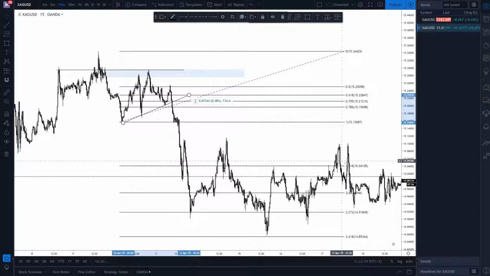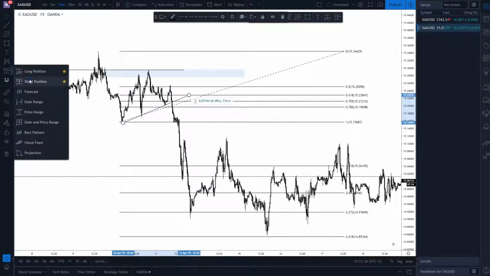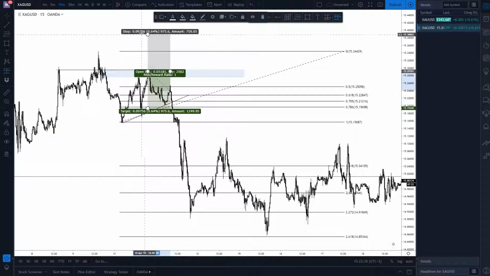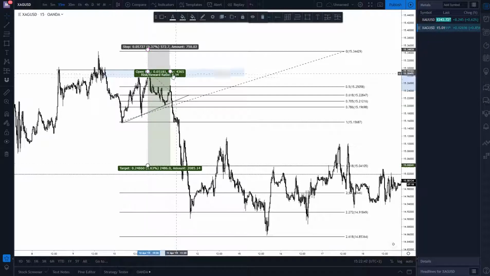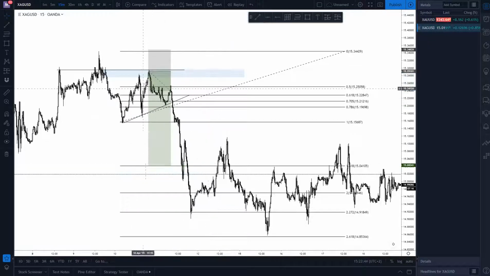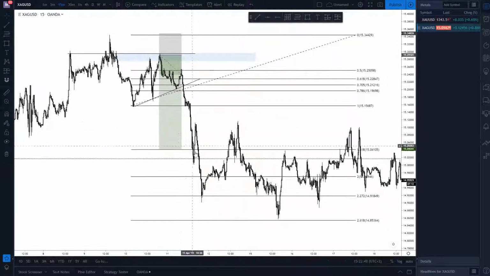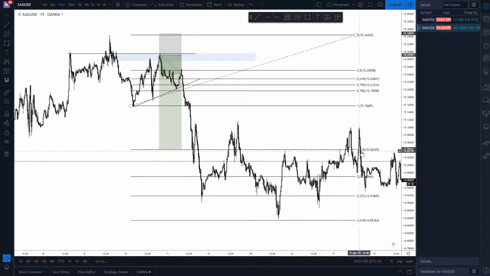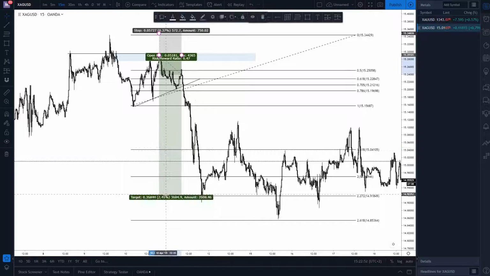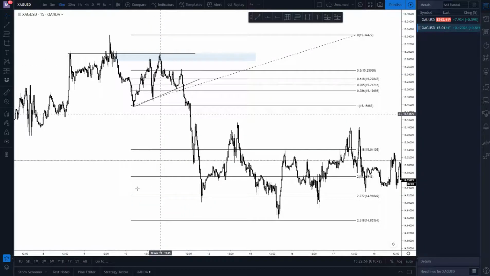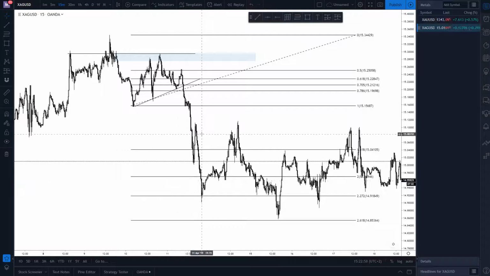You can see that I will use the 1.618, but if I would be catching this on a 15-minute time frame, my stop would be somewhere here, and then I would be getting a 4.5R trade instead of this 2.5R trade on H4, with a very conservative target at the 1.618 extension. If I would hold this all the way down here, that is a much higher risk to reward ratio. So yeah guys, this was it for the Fibonacci levels, and I will see you in the next video.